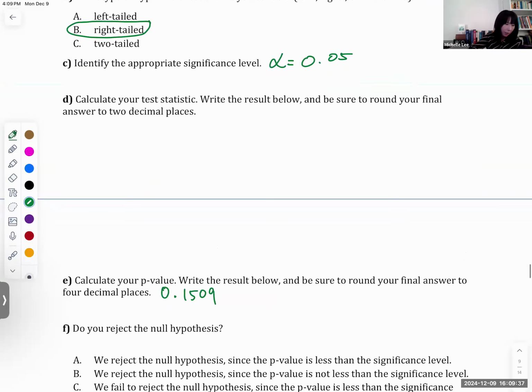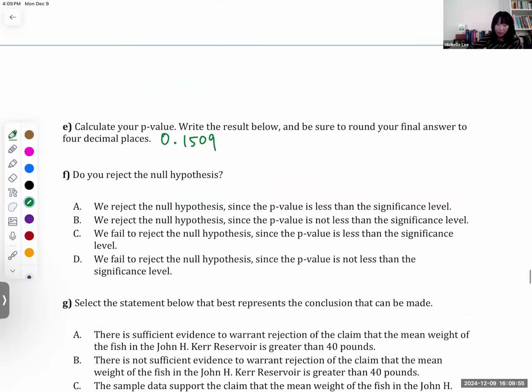And then the t-test statistic, in this case, 2 decimal places, 1.05 because it has 1.40470. All right.